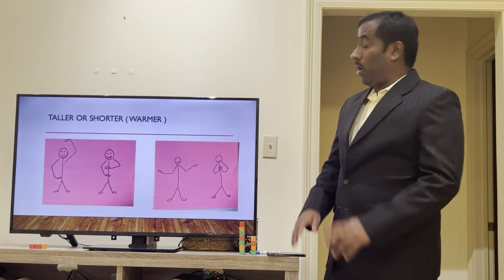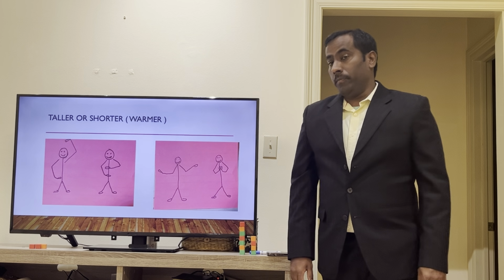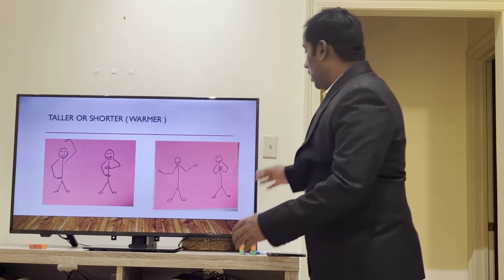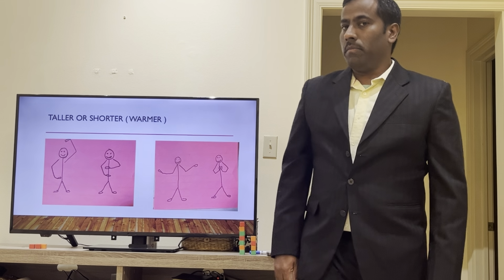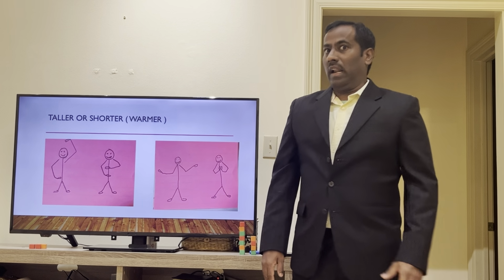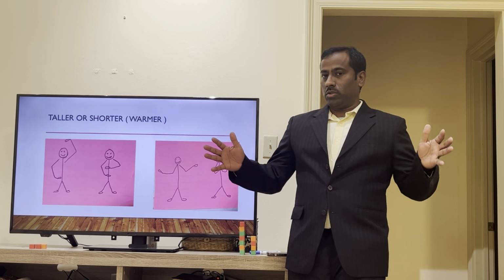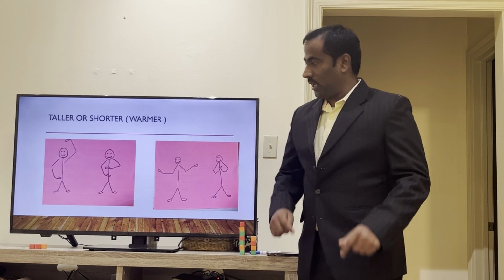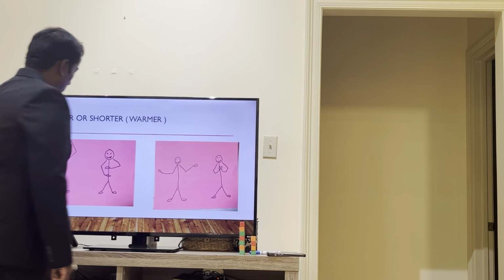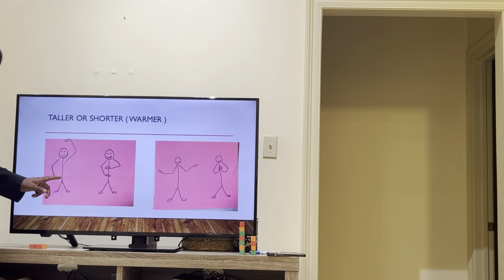If I show you some objects shorter, you're going to show like this. And if I show you some objects lengthier, you're going to show like this to represent longer. Okay? Once again, this picture represents what? Johnny, can you tell me?